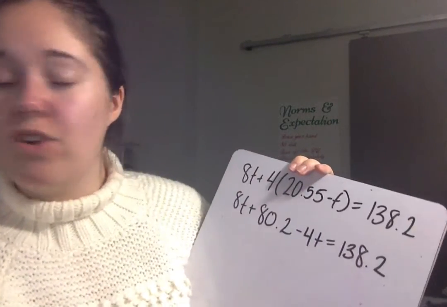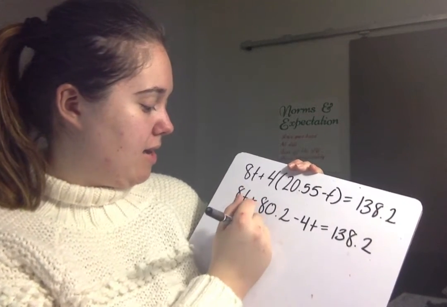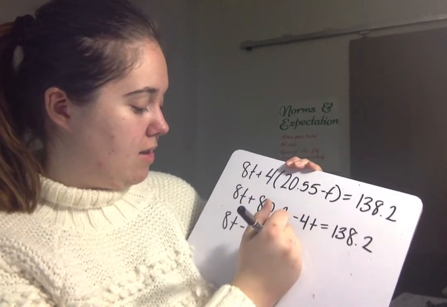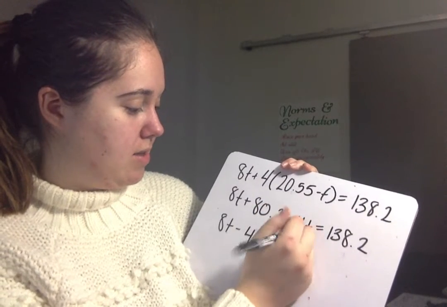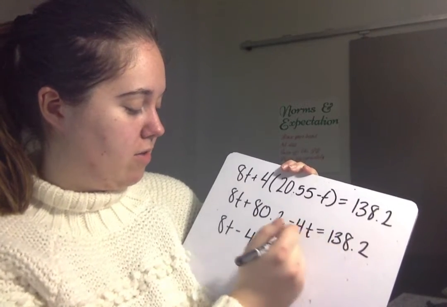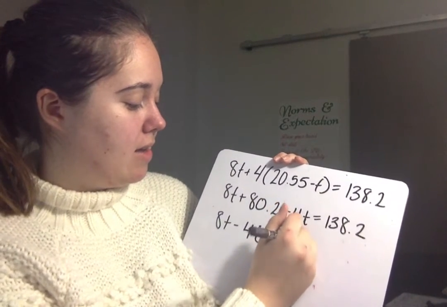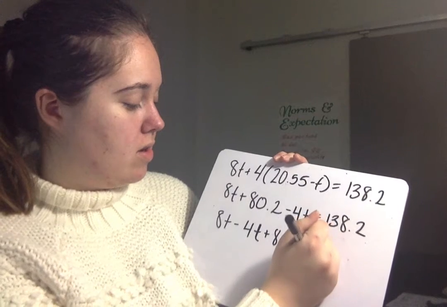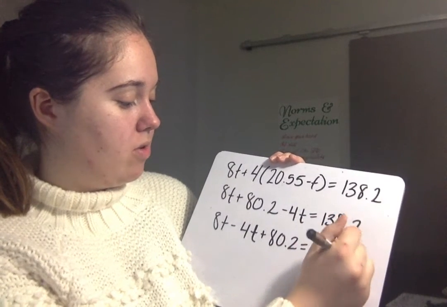Okay, so now we're going to try just reordering it so it makes a little bit more sense. So 8t minus 4t plus, sorry, I'm going to make those kind of curved t's so that they're clear, plus 80.2 equals 138.2.